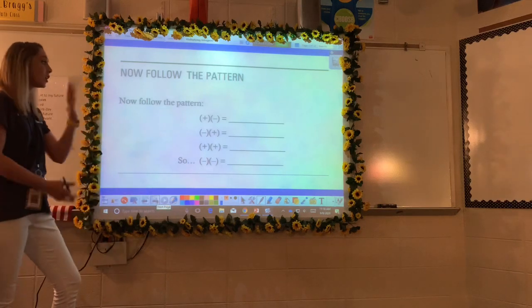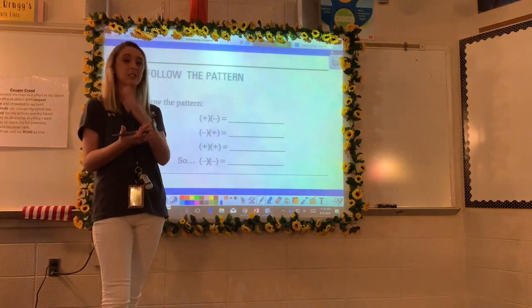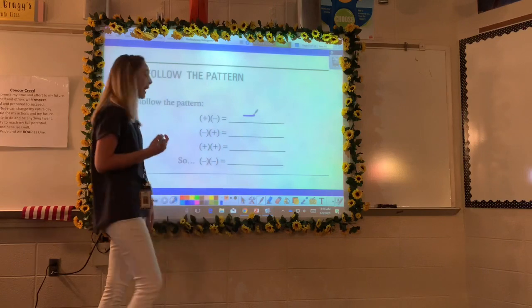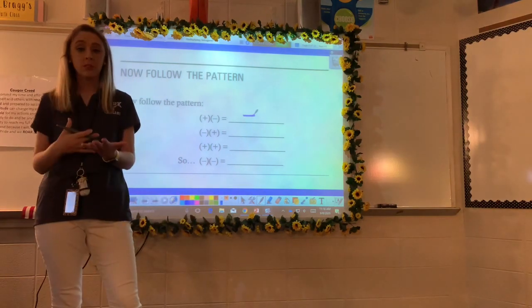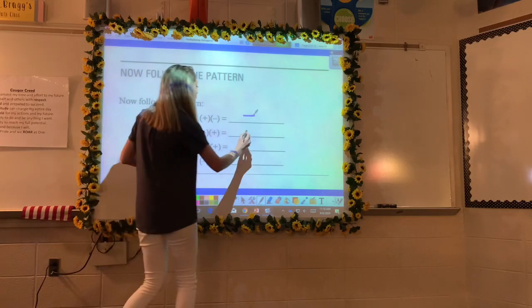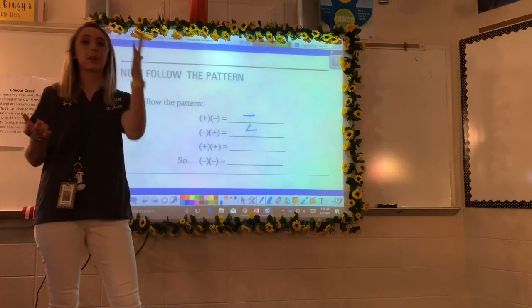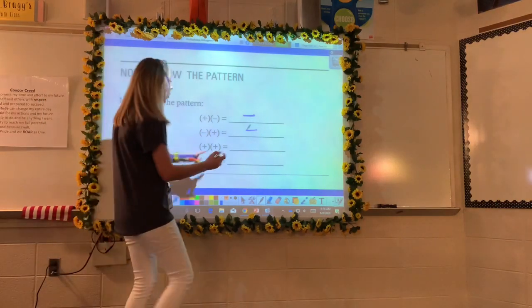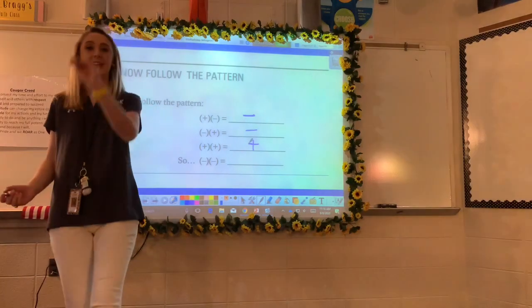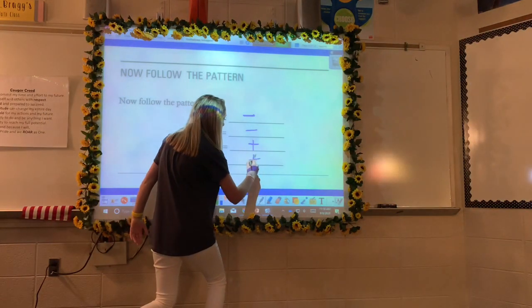Now let's follow this pattern. When you multiply a positive times a negative, we get a negative. Because of the commutative property, order doesn't matter, so a negative times a positive also gives a negative. And a positive times a positive is always positive. Therefore, when you multiply a negative by a negative, it's always going to be positive.